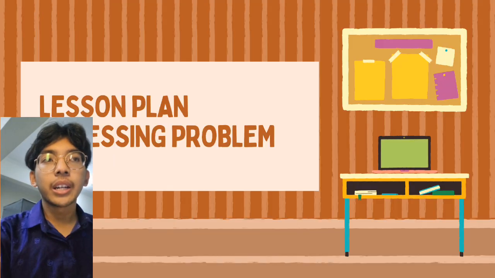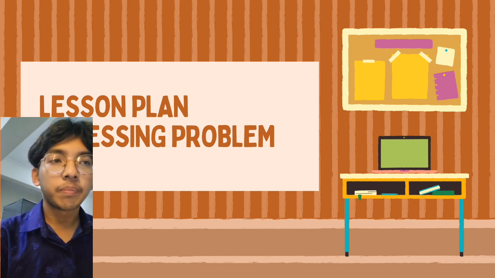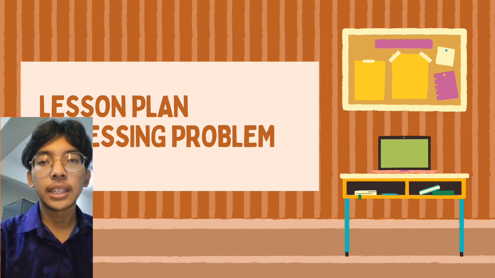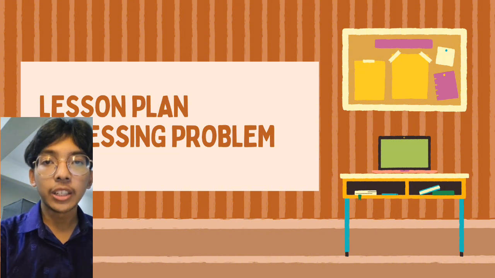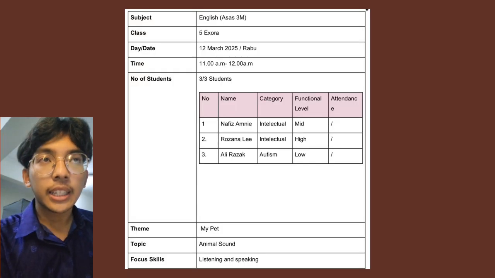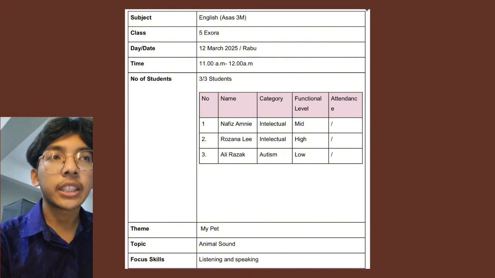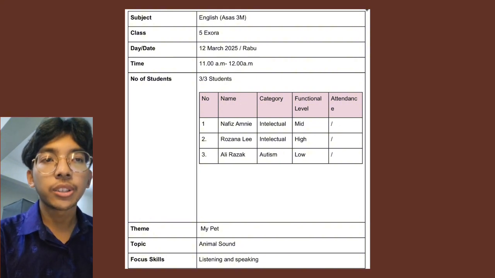So right now I will present my lesson plan that addresses the problem of listening and responding to the animal sound. As I can see, this lesson plan is directed to 3 students, which are in the functional level of mid, high and also low.